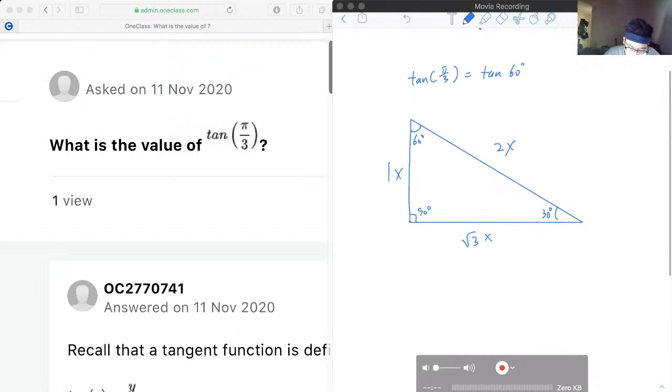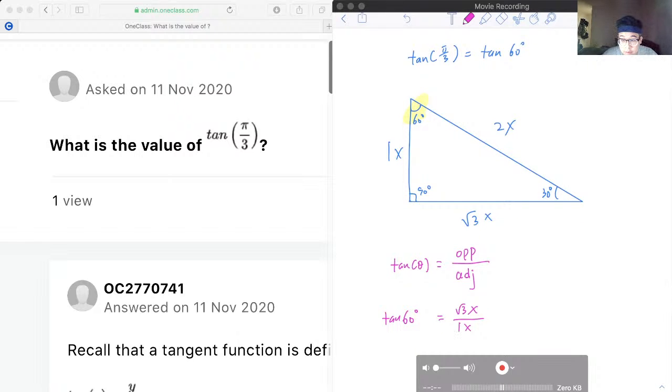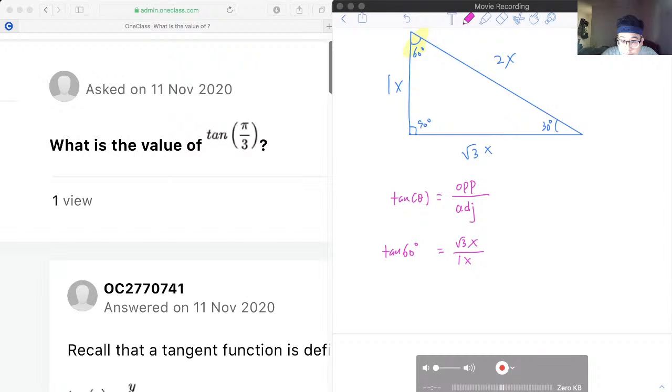Okay? And since we're talking about tangent, tangent theta is equal to opposite over adjacent. So in terms of 60 degrees, right here, the opposite will be root 3x, while the adjacent will be x, or say 1x, same thing.